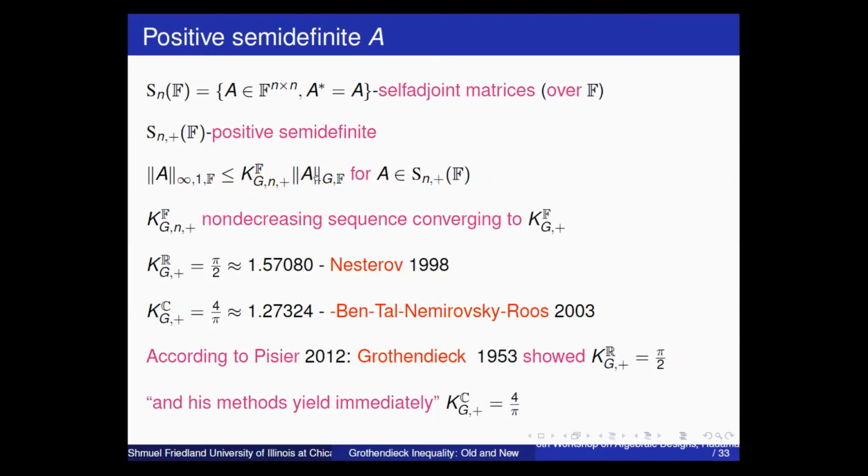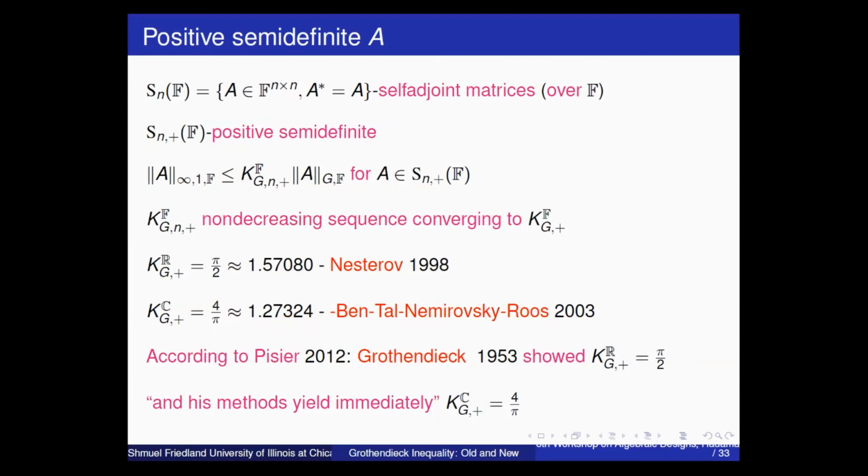Nesterov in 1998 proved that this is actually pi over 2. And Ben-Tal, Nemirovski and Roos in 2003 showed that for complex it is 1 over 0.7. So complex is always lower than this.